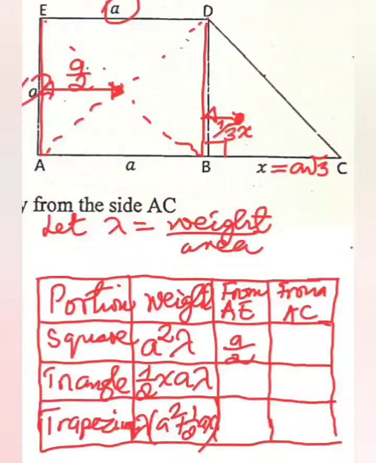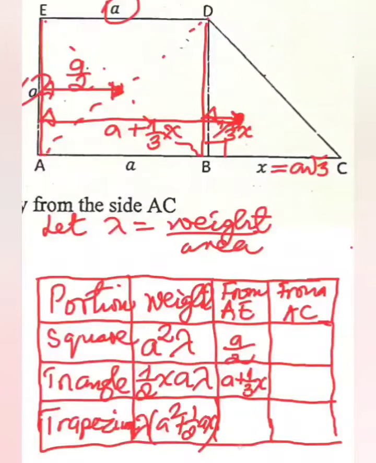But we are not looking at the distance of the center from BD. We are looking at the distance of the center from AE. So since from BD to the center is 1/3 x and from A to B is a, the whole distance should be a plus 1/3 x. So that is what I will write under the distance from AE of the triangle: a plus 1/3 x.